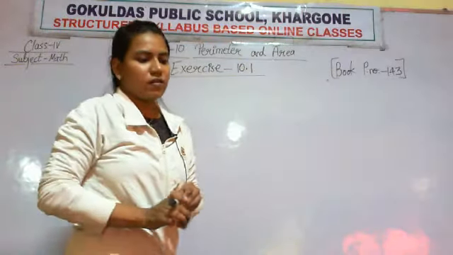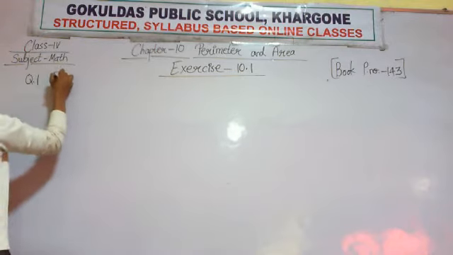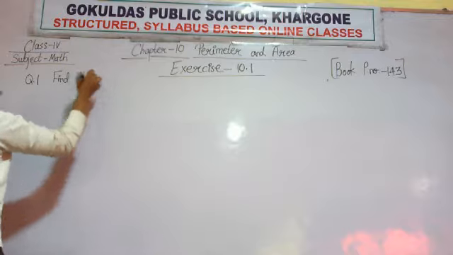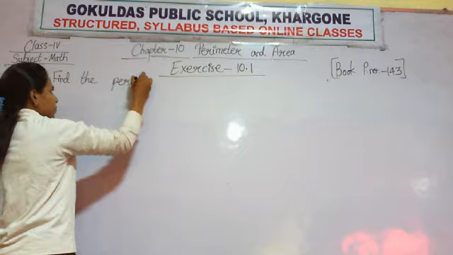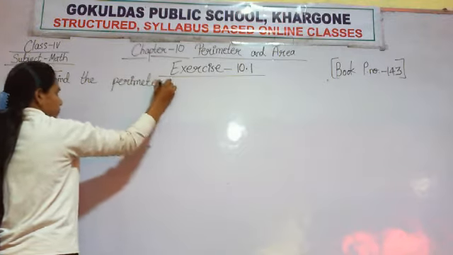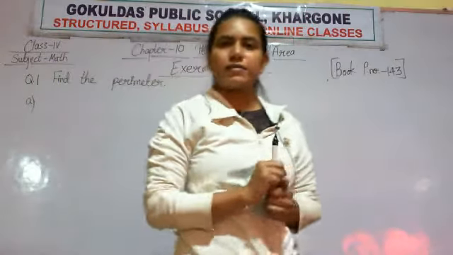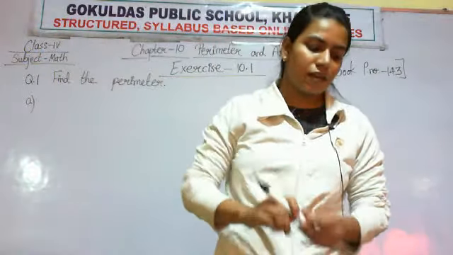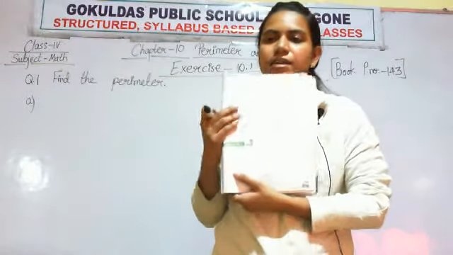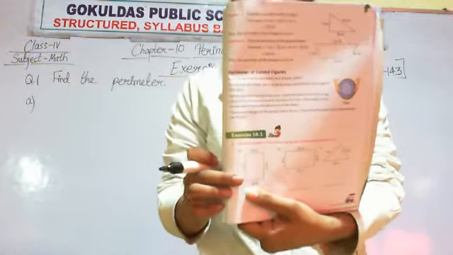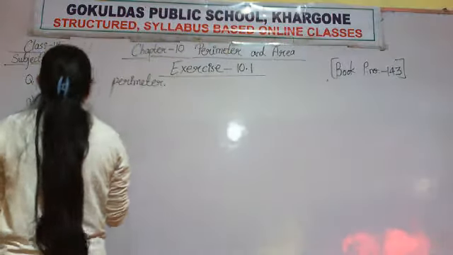Question number 1. Find the perimeter of the following figures. One figure is given in your book, right? Which figure it is? It is a rectangular figure. Draw it properly.